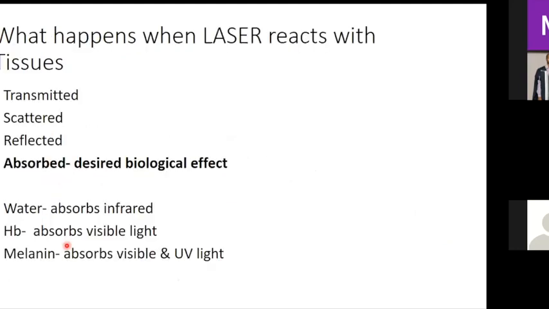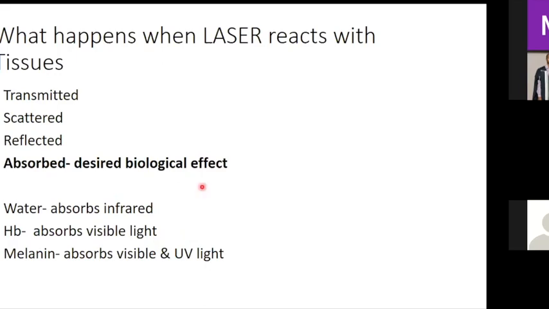So now let's say you apply the laser to a tissue. Four things might happen. It might be transmitted, scattered, or reflected. All these three don't have a biological effect. When applying a laser, you need it to be absorbed by the tissue so that you get the desired biological effect.